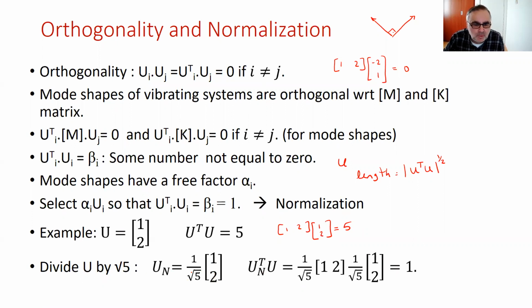Indeed, the length squared of the normalized vector: root 5 and root 5 give you a 5, and 1, 2 multiplied together gives you another 5. 5 over 5 is 1. So now this un is the normalized version of your vector, the eigenvector. So you normalize it by finding its length squared and dividing by the square root of that length squared. Okay, that's how you normalize a vector.